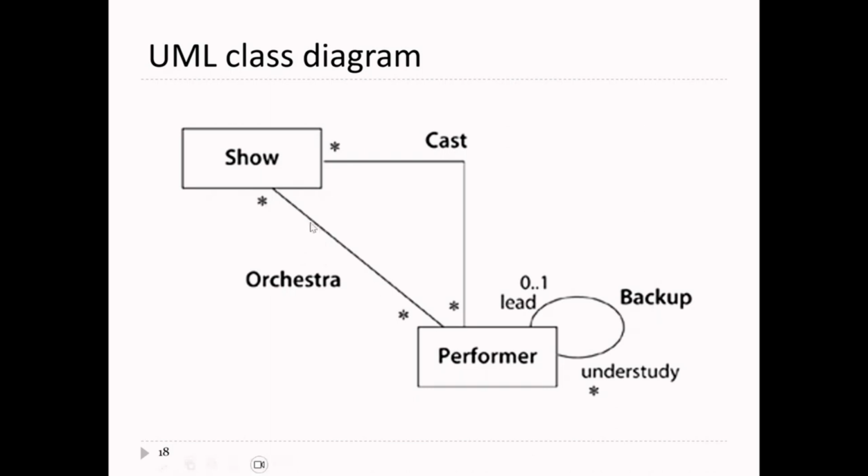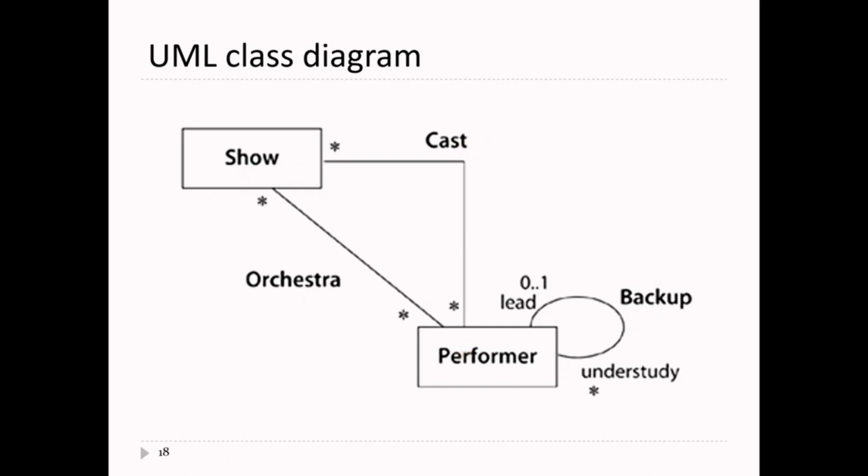To read this diagram, if you look at the line from Show going to Performer, a show can have any number of performers. A performer might belong to any number of shows as a member of the orchestra. So a show might have any number of performers who are in the orchestra, and a performer might be a member of the orchestra in any number of shows.